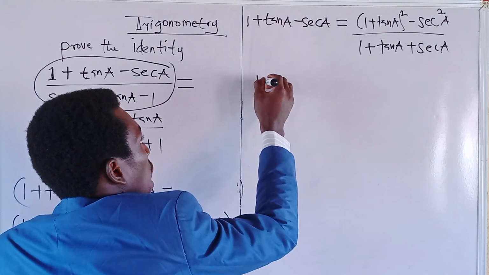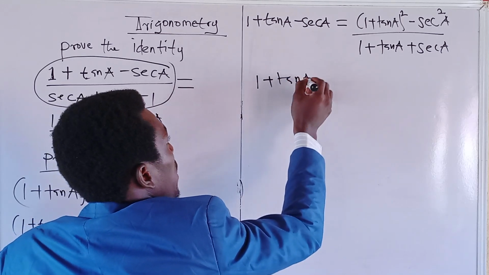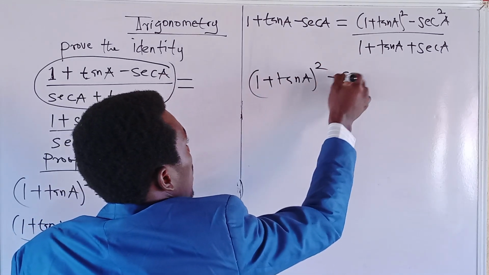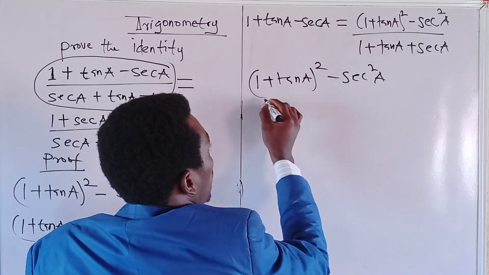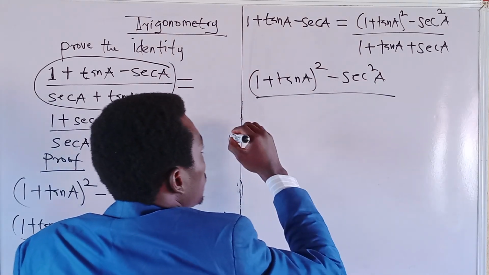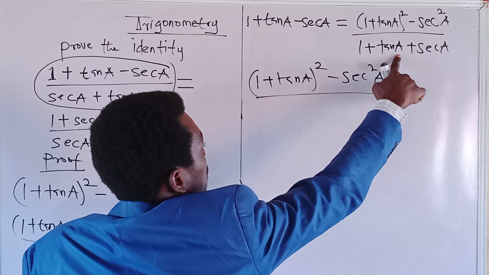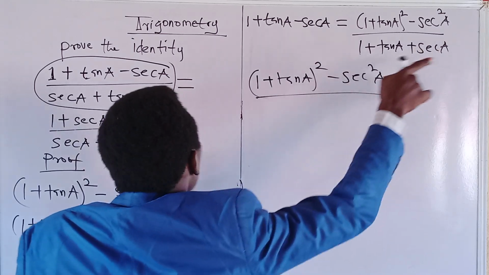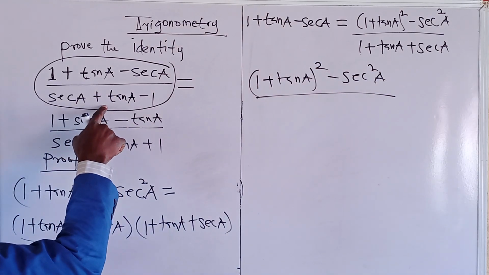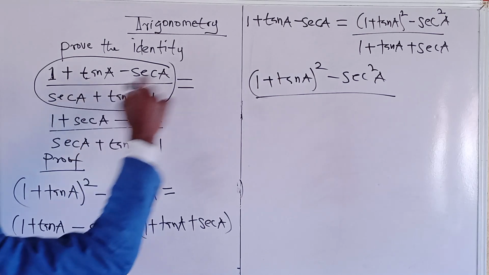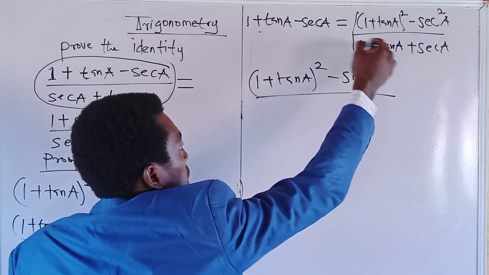So we shall have 1 plus tangent of A all squared minus secant squared of A over 1 plus tangent of A plus secant of A, then all divided by this denominator. After replacing this, we have this one there.